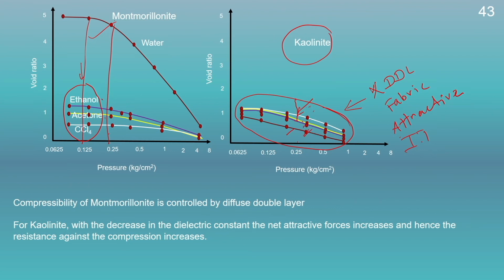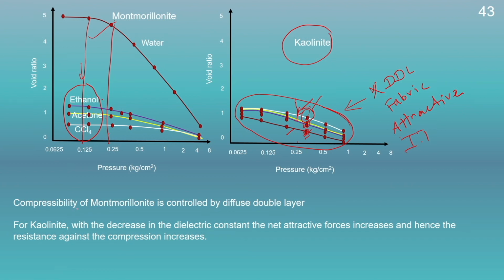This is because of the formation of the flocculated structure here. Since the flocculated structure will have a larger void ratio, therefore, kaolinite with CCl4 will have a higher value of void ratio in comparison to water.